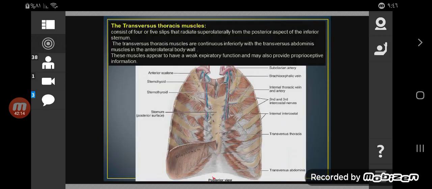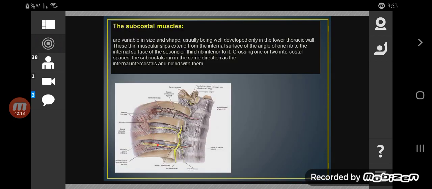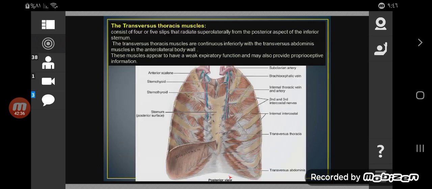Another picture will show you the subcostal muscle, this one, inside of the thorax, in the lower part at the posterior wall of the thorax. You can find this muscle, subcostal. And in this picture you can see the innermost intercostal muscle as well.